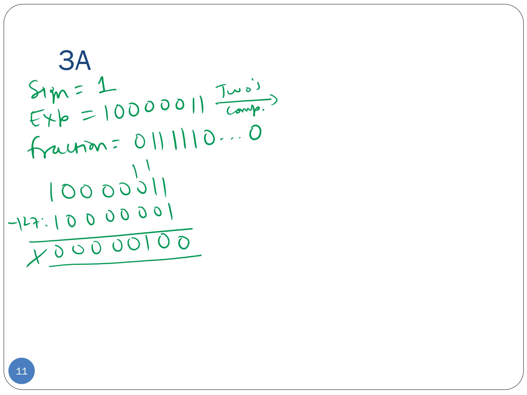So this is 1 0 0, and in decimal 100 is 4, right? So this is the exponent. The fraction, recall, does not store the leading 1 before the binary point, so there is an implied 1 point before this fraction. The number we are looking for has sign bit 1, so it's a negative number.